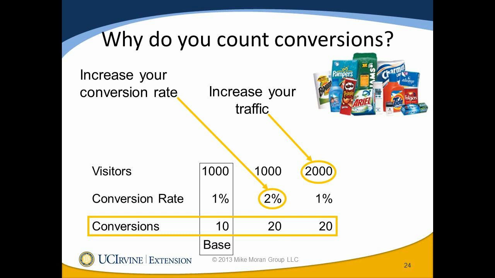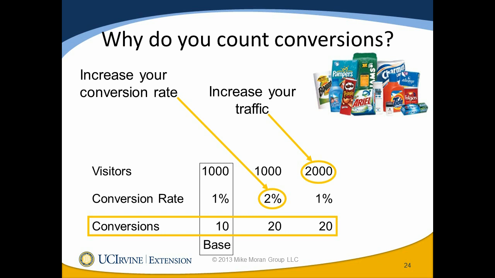Likewise, you can use search marketing or other techniques to increase the number of people coming to your site. If you double the number of people that come to your site, that's also good, because now you're doubling the number of conversions as well. And these are really the only two things that you have to work with. Whatever you do in digital marketing, you can either increase the number of people that see it, or you can increase the number of people that respond to it.